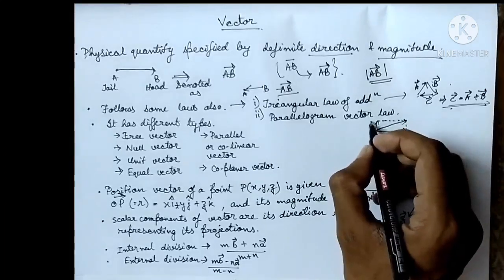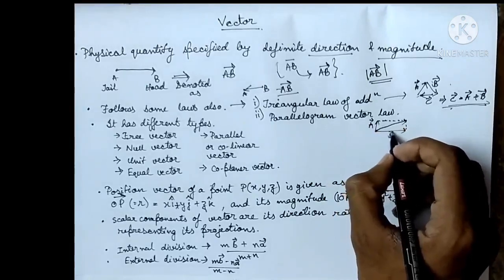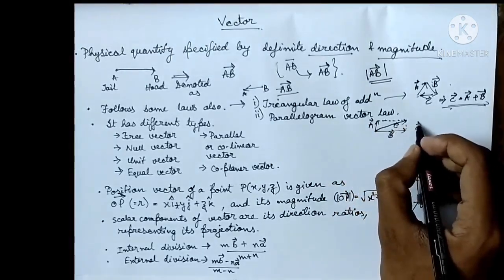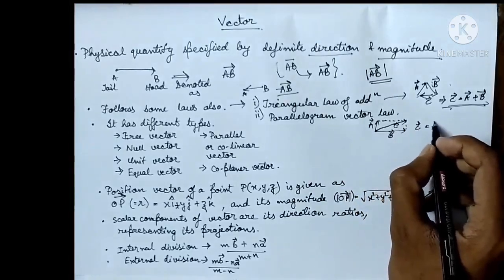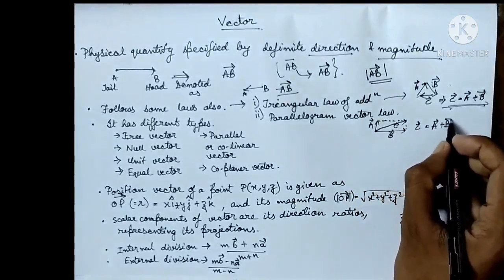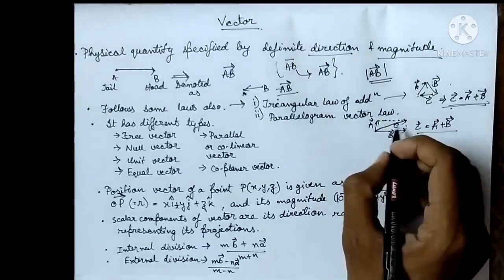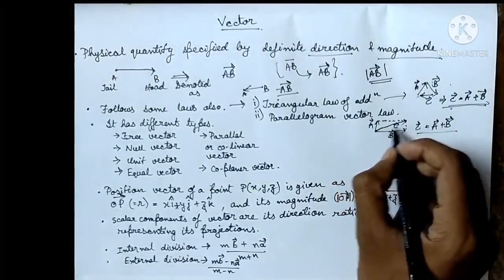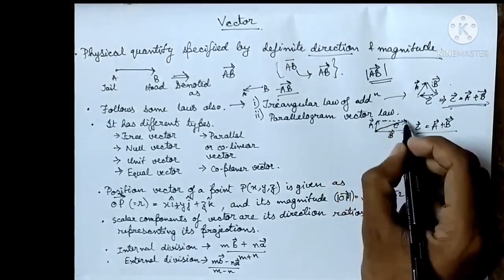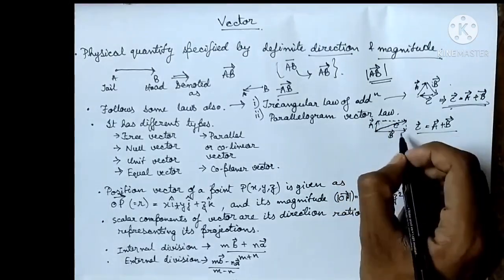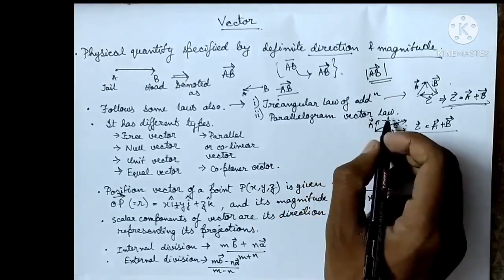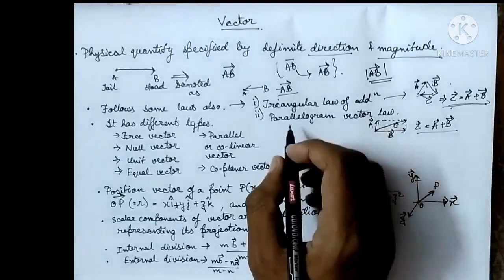Let this be A and this be B, and this be C. C is equal to A plus B. This A and this B will give a resultant C, which will fall as the diagonal of this parallelogram. This is the parallelogram vector law. Sorry for the mispronunciation.